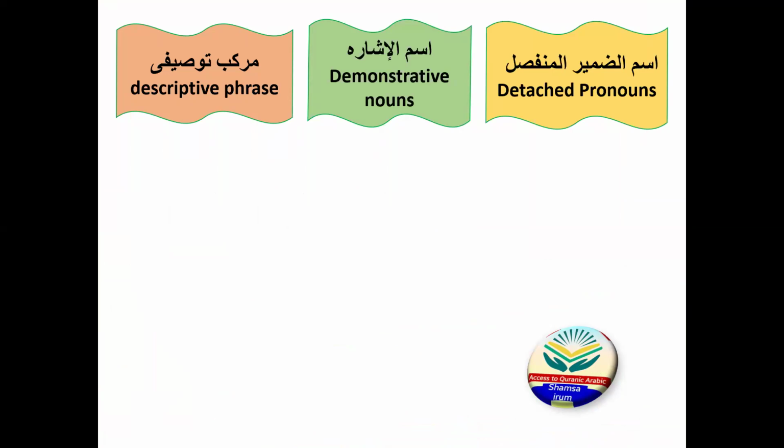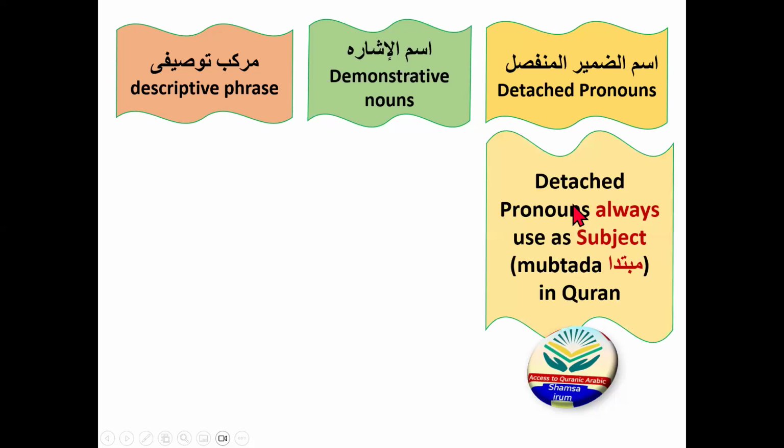Okay, this page is for the revision of the whole lecture. We covered these main things: ismul tafdil; detached pronouns; ismul ishara, demonstrative nouns; and the murakkab tawsifi, the descriptive phrase. Detached pronouns are always used as subject, meaning mubtada, in the Quran.